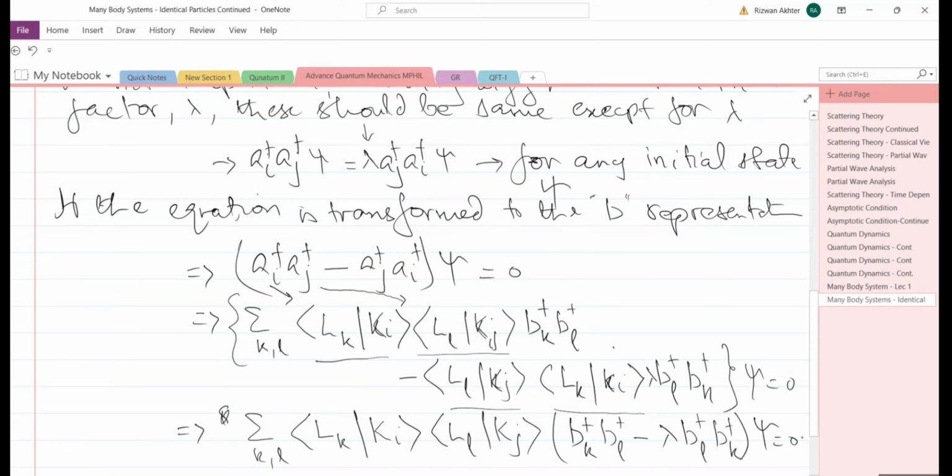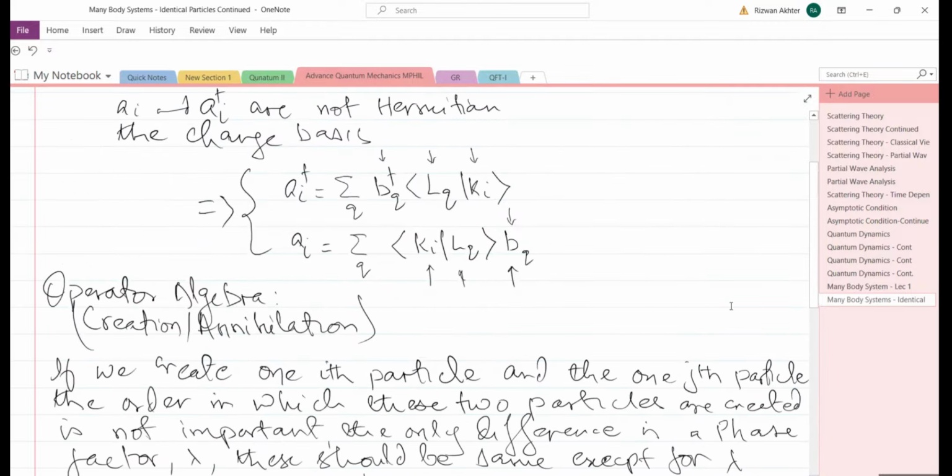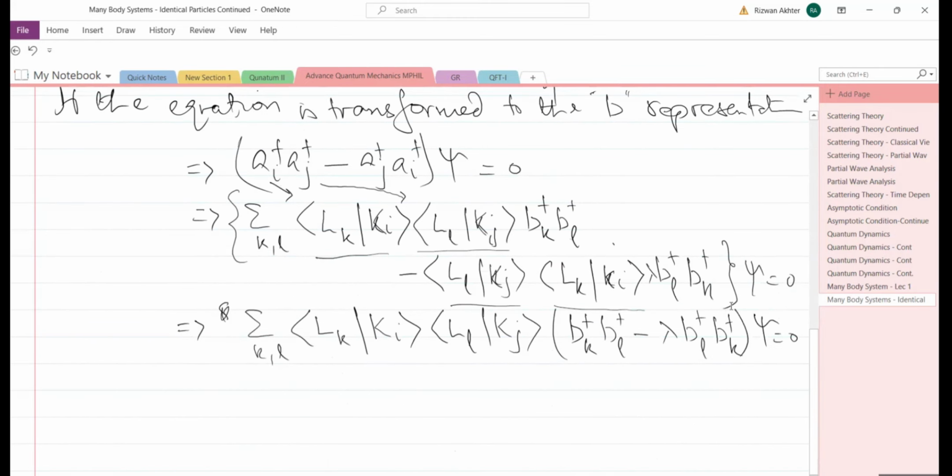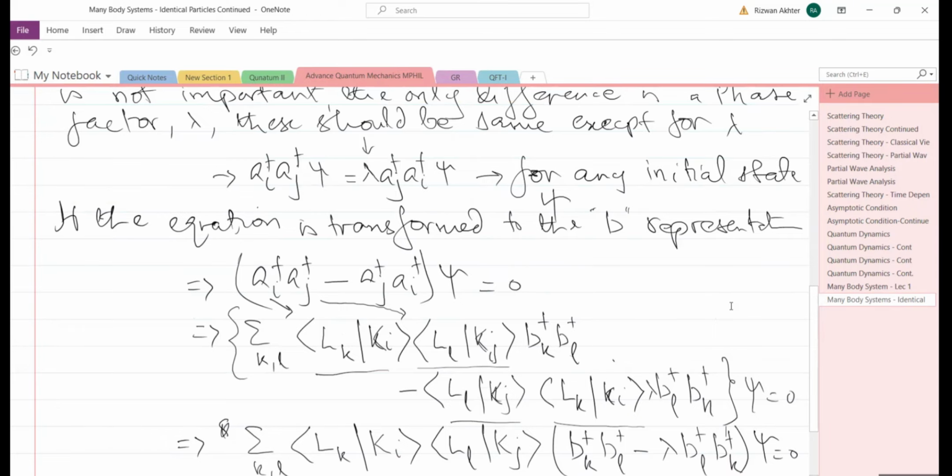In fact, we are writing two steps together. The first step is the change of basis. Once we have changed the basis, then you want to check whether the order of creation of two particles is the same. It is the same except for the factor which is lambda. That's why we have this factor. And remember, I should have written lambda here initially, which I forgot.